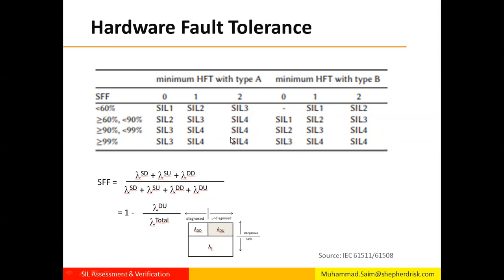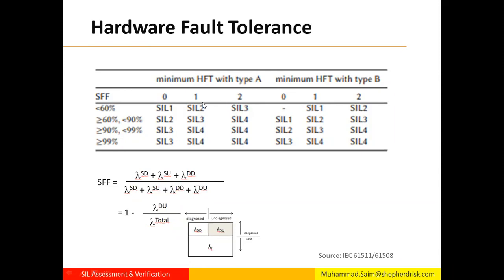But the mechanical equipment such as the ESD valves have a very low safe failure fraction because they do not have automatic diagnostics. So the safe failure fraction of an ESD valve will be less than 60%, and the valve is a type A hardware.